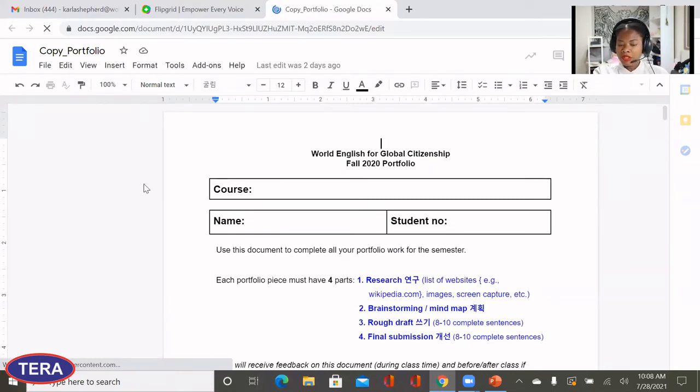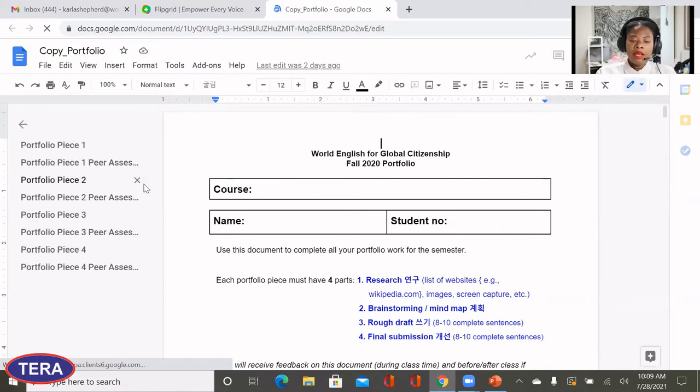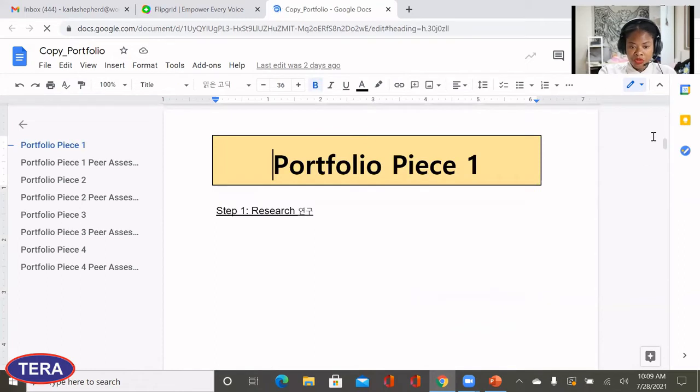Throughout this semester, the students are required to keep a writing portfolio with 4 writing pieces that include a research phase, a brainstorming phase, a rough draft, and a final draft. With Google Docs, you can very nicely organize your portfolio for your student.